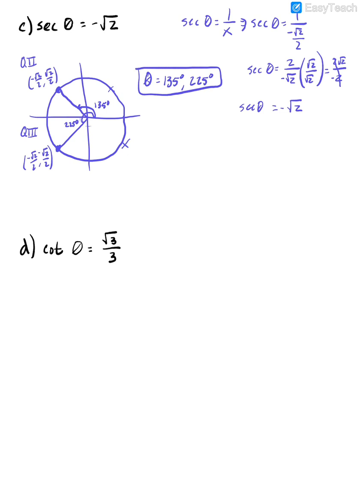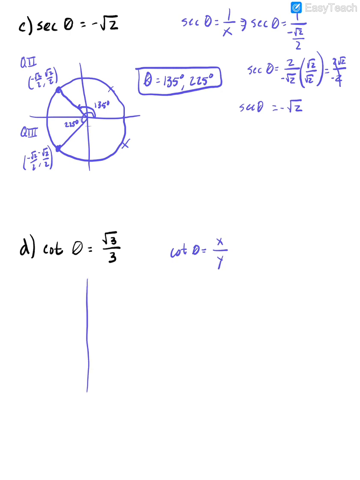Okay, and the last one. Cotangent of theta equals square root of 3 over 3. Now here, you want to use the same idea as what we did for tangent, where it's one value divided by another value, but here it's flipped. So for cotangent, it'd be x over y instead.